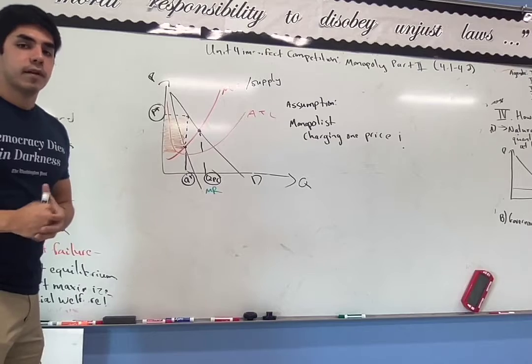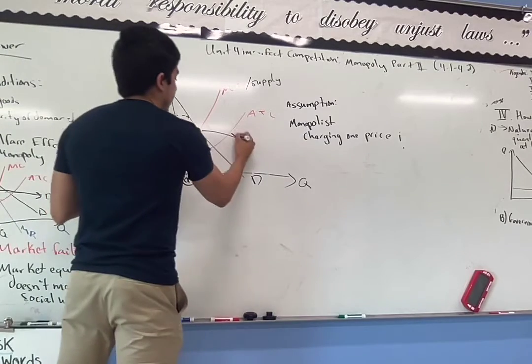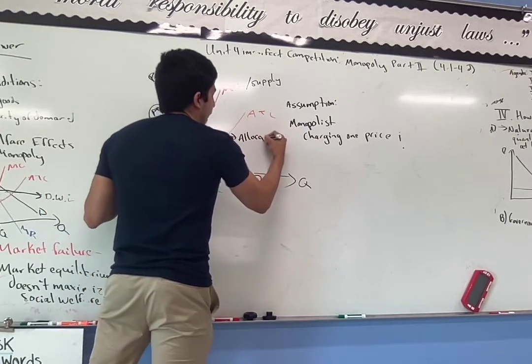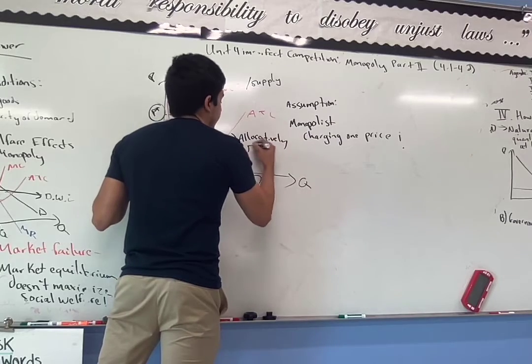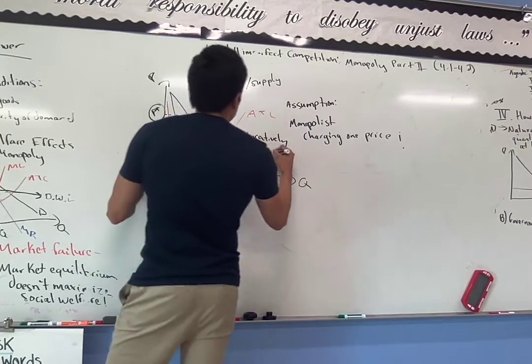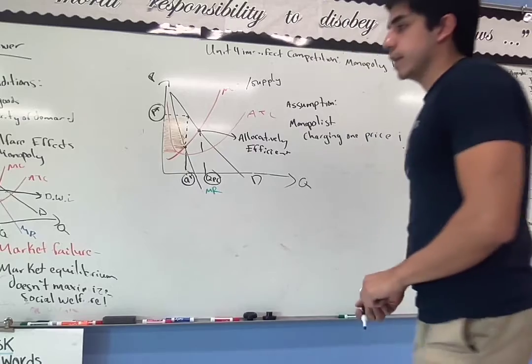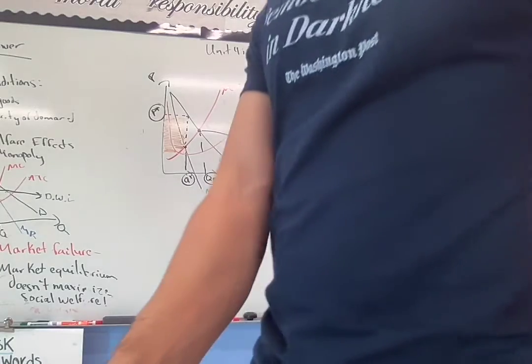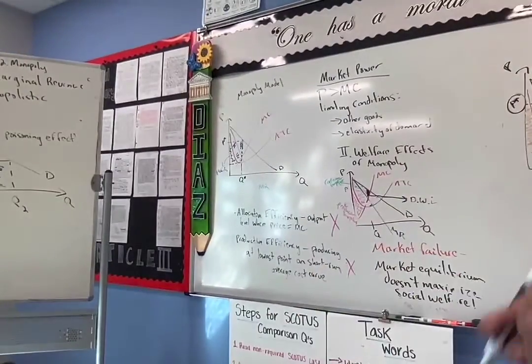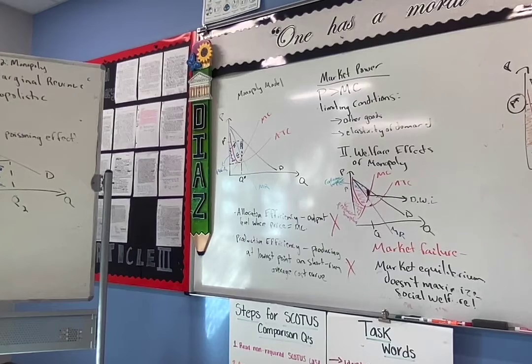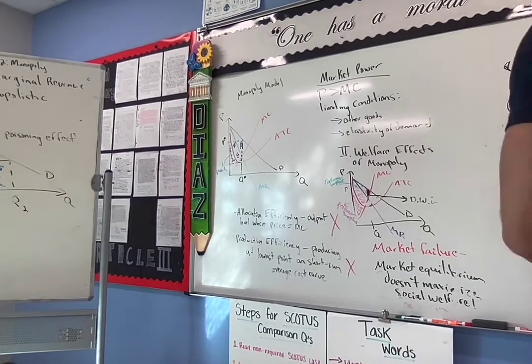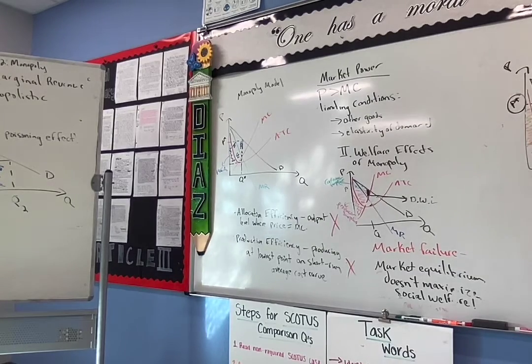This is what we call allocatively efficient. The definition of allocative efficiency is right here: it's the output level where price equals marginal cost. So this would be the allocatively efficient price.